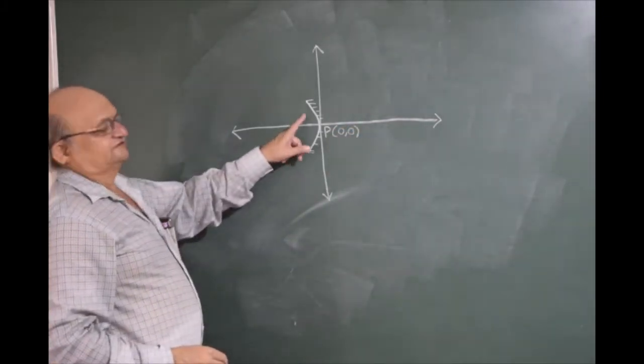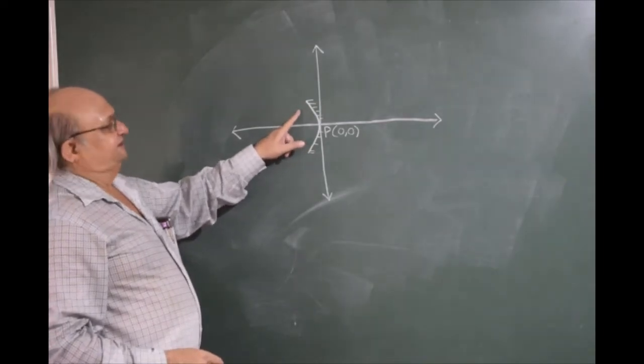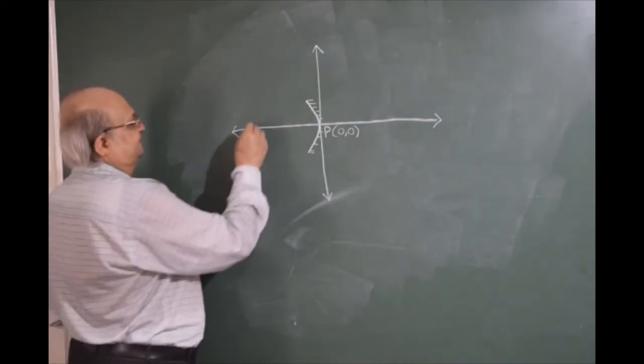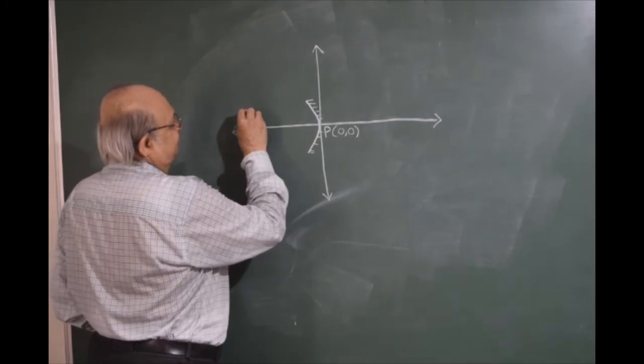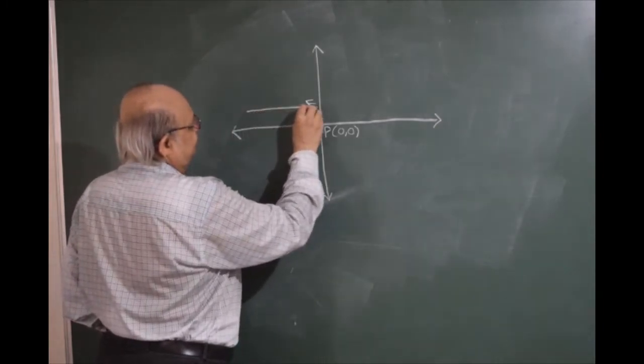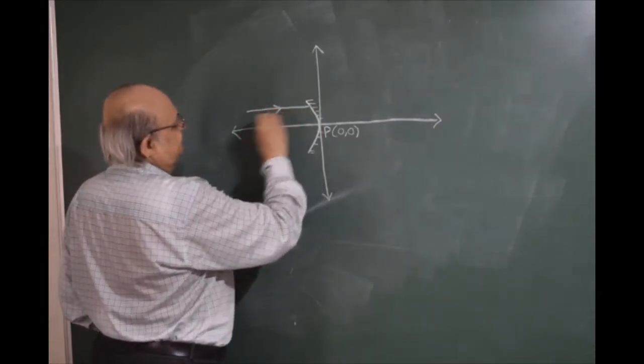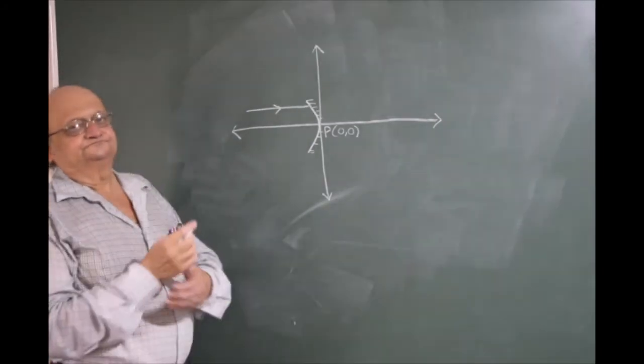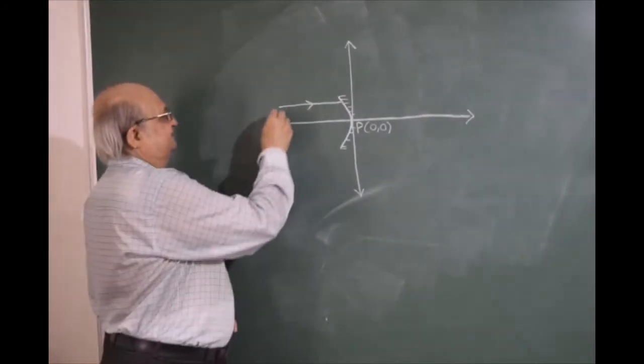Now because the shiny surface is on this side, we will have to make rays incident in this direction. Suppose we have the object here.